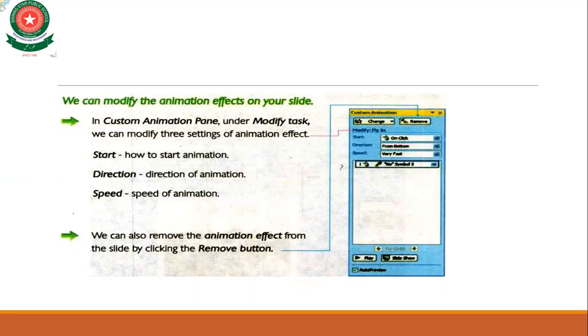Number 3, speed of animation: one second per slide, or more than one second, or less than one second. These three functions are how we can modify our custom animation.